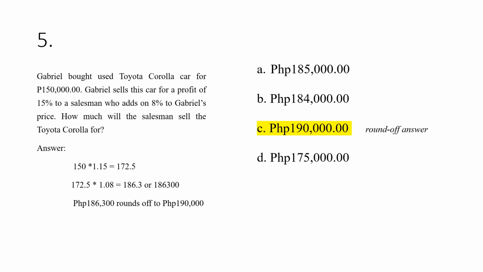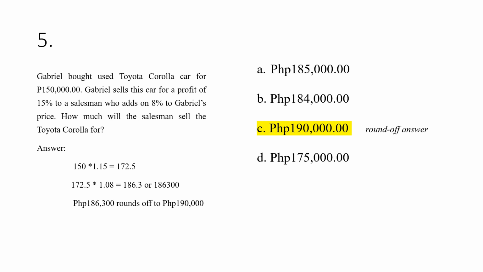For number 5, we have Gabriel purchasing a used car at 150,000 and then selling it at 15% profit, and a salesman will add on an 8% profit to Gabriel's price.